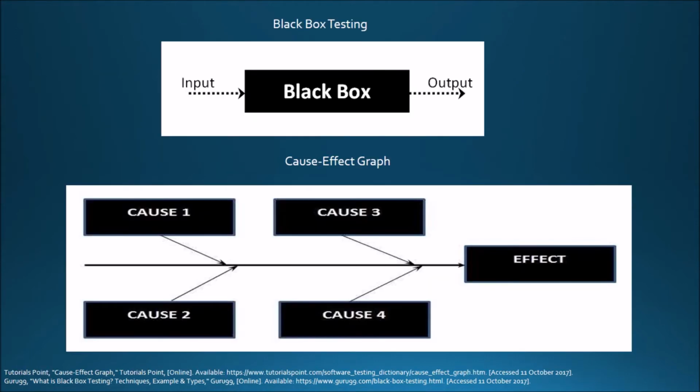But first, I wanted to go over these graphs that give a good illustration of what is being accomplished by black box testing, as well as trying to illustrate what it is. So here, this first graph shows essentially the input going into this black box. The reason it's called black box testing is because we can't see what's inside the box. The tester has no idea of the technical details behind what's going on.